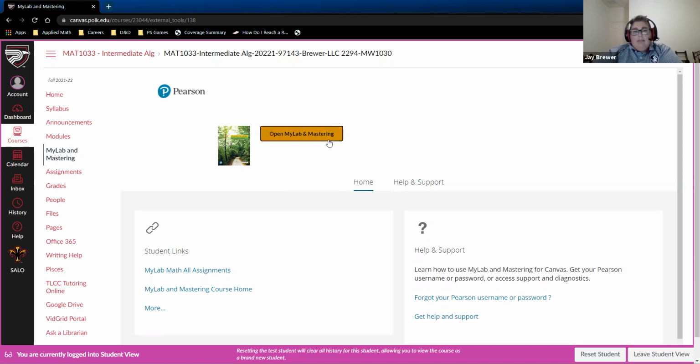When you click on it, you'll be asked to enter a purchase code or an access code. You will not be asked for a course key code because our course is linked. That access code is the code that you will purchase. You can either purchase it through the bookstore at Polk, or directly through Pearson. It should be about $65. I don't require the physical textbook, so this saves you about half the cost.